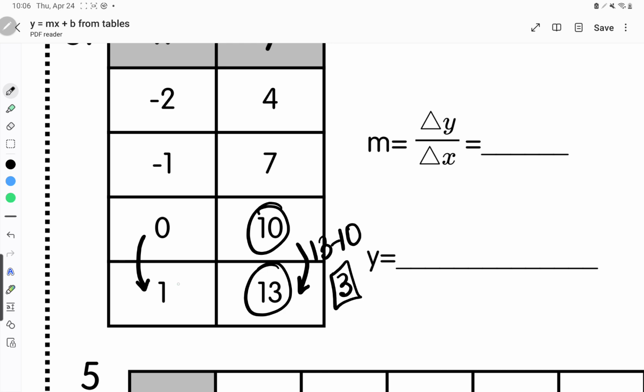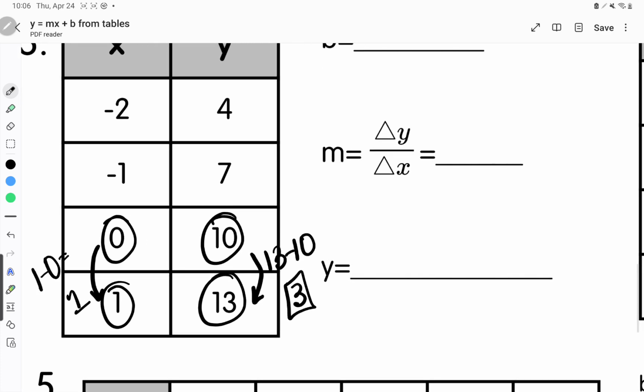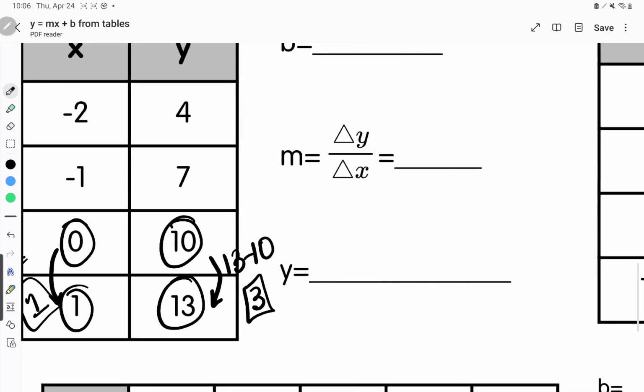And then what would I subtract here? 1 minus 0. And 1 minus 0 gives me 1. This is what side over what side? Right over left. So I would do 3 over 1, which gives me 3.